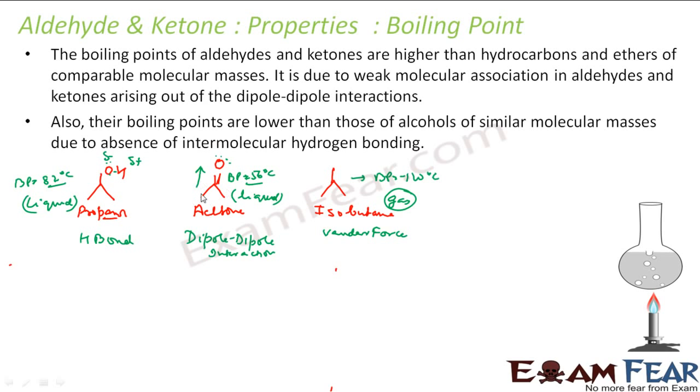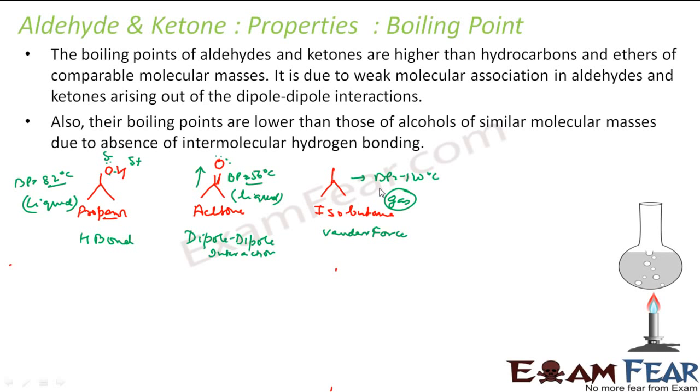We have studied these dipoles. So what I'm trying to say is, even if they have the same molecular mass, this one has a hydrogen bond, so it has a higher boiling point and it is a liquid. This one has a lower boiling point, still a liquid. This one has an even lower boiling point, minus 1 degree Celsius, a gas.